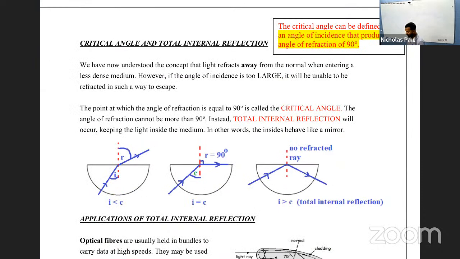Last thing. Write the part in red and draw these 3 diagrams here.